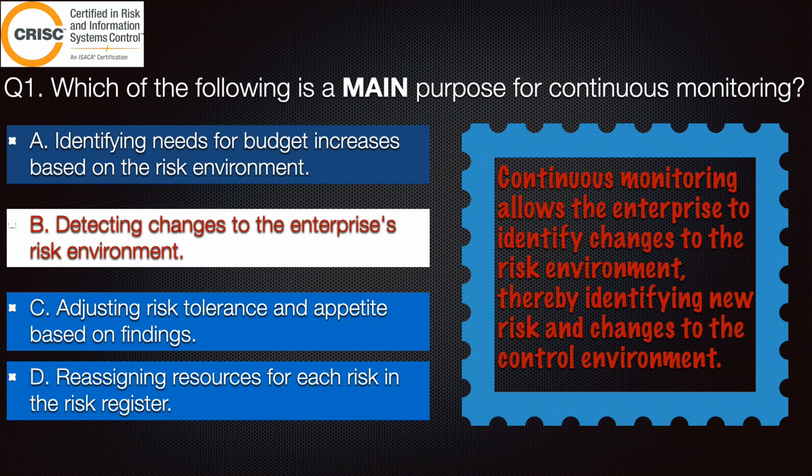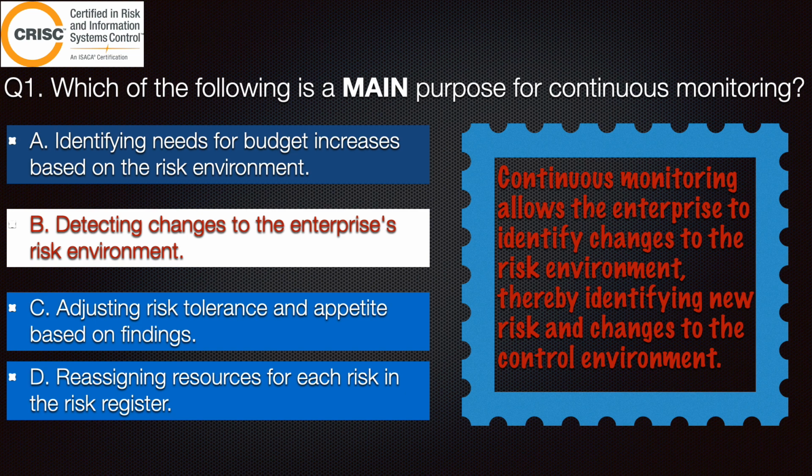Similarly, reassigning resources for each risk in the risk register. Friends, while continuous risk monitoring may indicate changes to the existing risk, the main purpose is not to reassign the resources. That's why option D is incorrect.